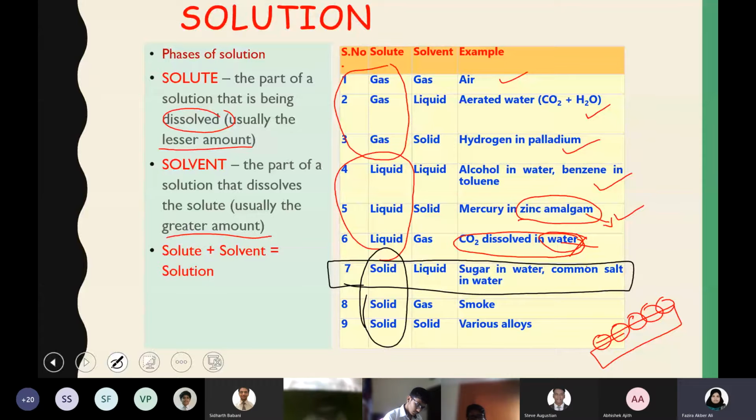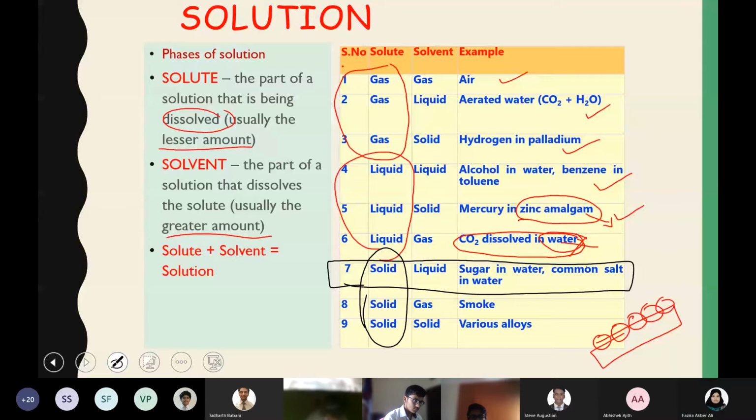But that is only one type of solution, where the solute is solid and the solvent is liquid. You can give many examples like sugar and water, salt and water. That is one of the common types of solution that we see every day.